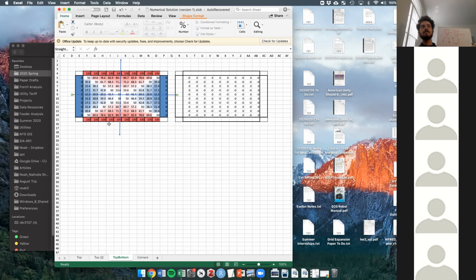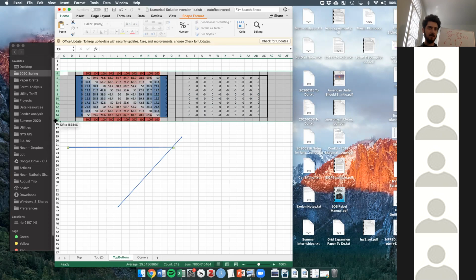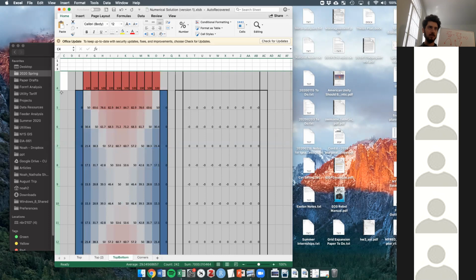So it doesn't just work for x and y. It applies to any two orthogonal directions. I know this thing looks like a rectangle because Excel is a little funny, but it's really a square. Make it look more like a square.